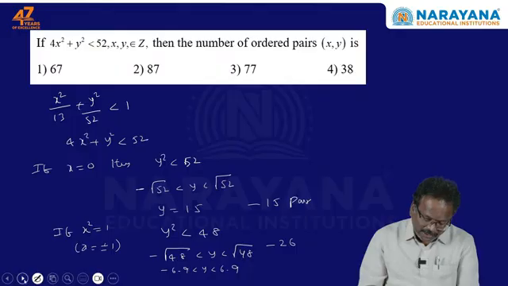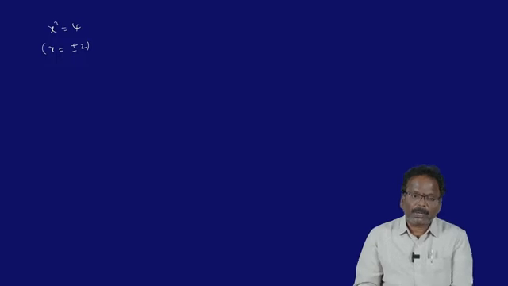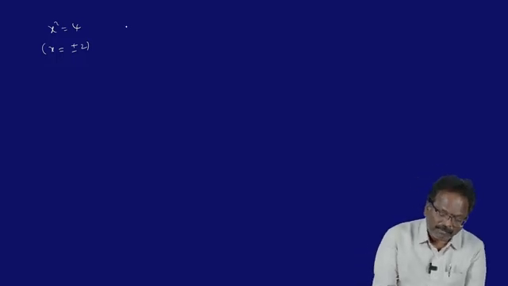Now take x square equal to 4, which means x is plus or minus 2. How many integral values are possible for y? 4 into 4 plus y square less than 52, so y square is less than 36.